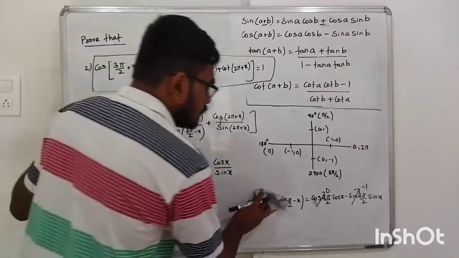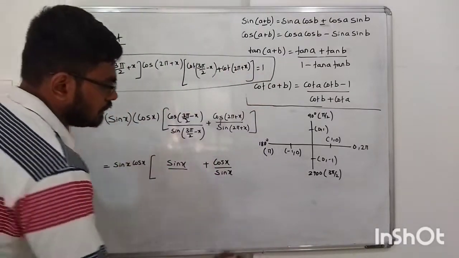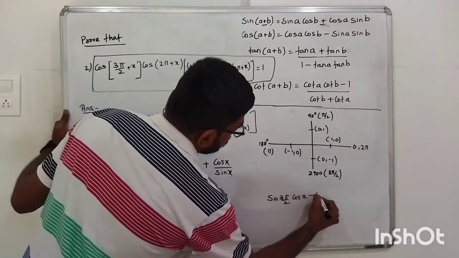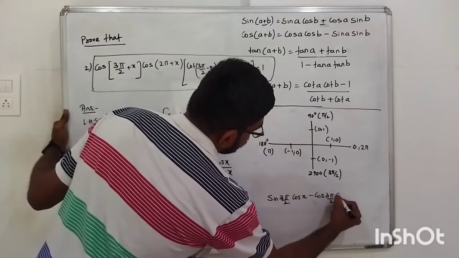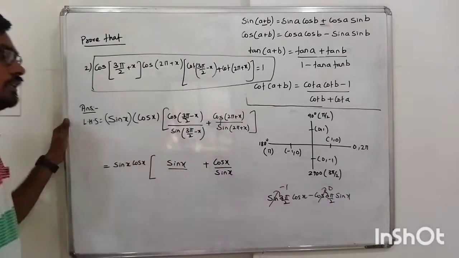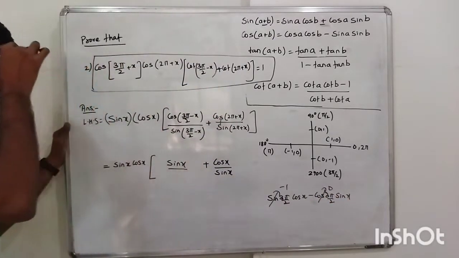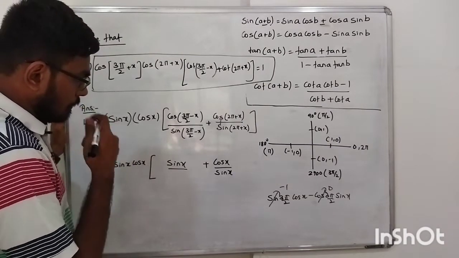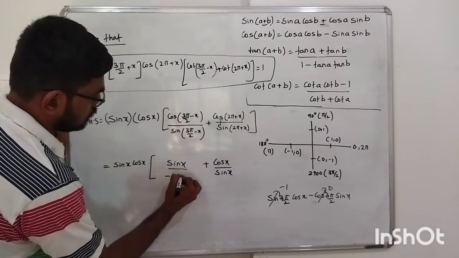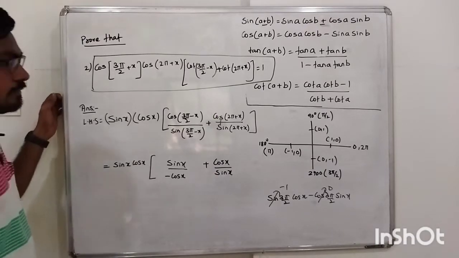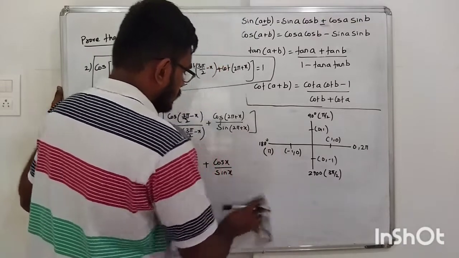So sin 3 pi by 2 minus x is sin 3 pi by 2 cos x minus cos 3 pi by 2 sin x. So here what is sin 3 pi by 2? Minus 1 and cos 3 pi by 2 is 0. Okay, so minus of cos x. Understood this? Sin 3 pi by 2 is minus 1. So minus of cos x. Okay, and here it is plus sin x. So what is cos 3 pi by 2 minus x? I'll check again.